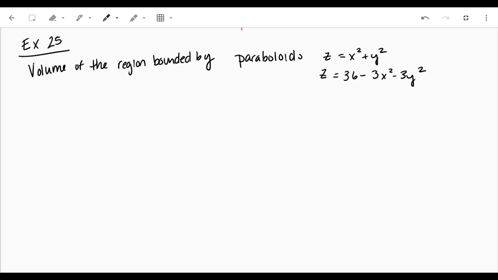Oh wait, is that it? I'm getting ahead of myself. And then find the centroid. So this is actually the last thing we'll do.